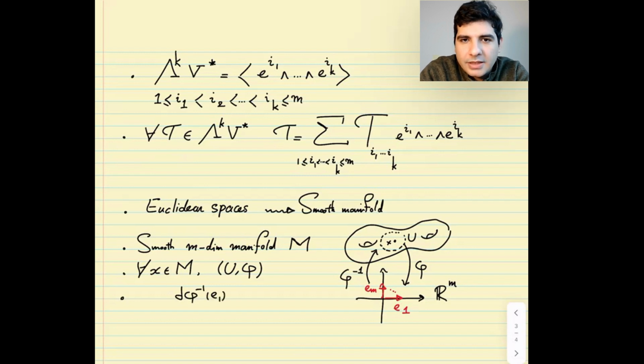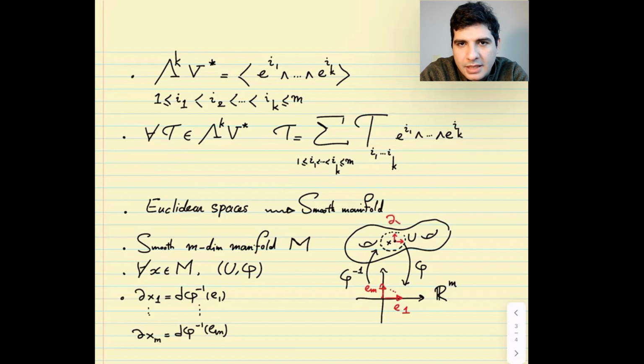Now, think about the derivative of phi inverse. It acts on e_1 up to e_m at any point, for instance at 0 or any other point. It would send these back to some vectors inside the manifold M. Let's denote these vectors with ∂x_1 up to ∂x_m. These would be those small red vectors tangent to the manifold M at the point x.